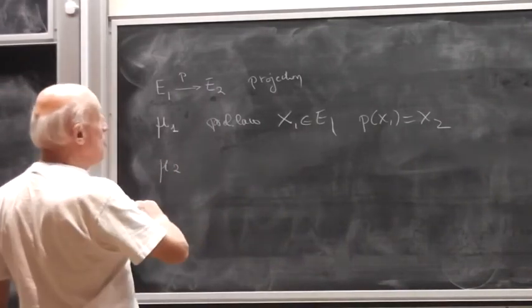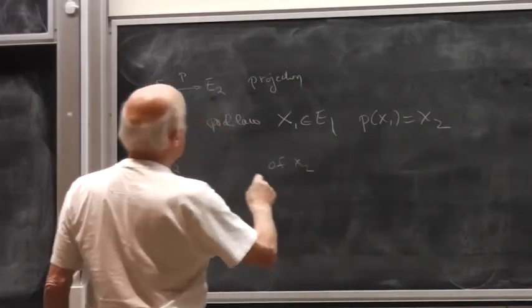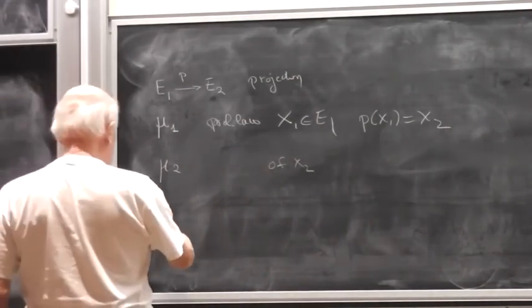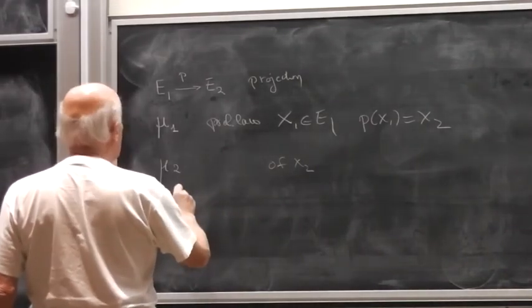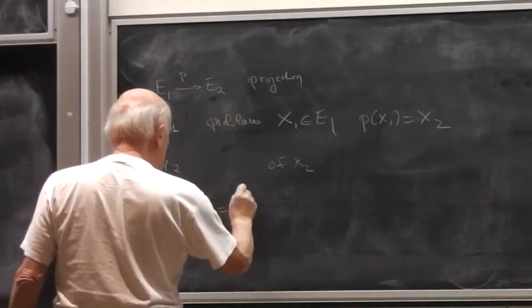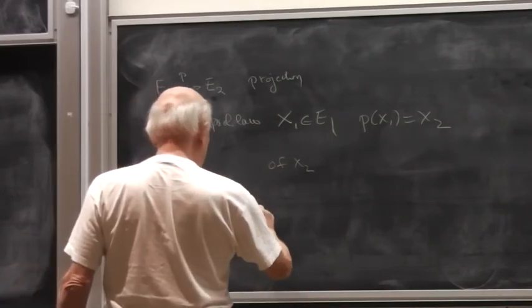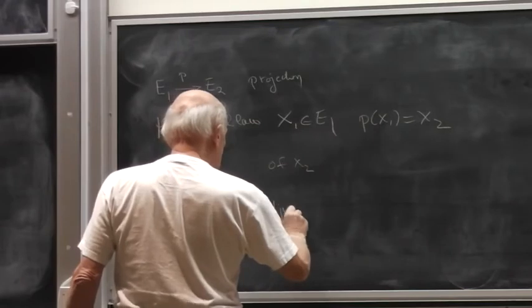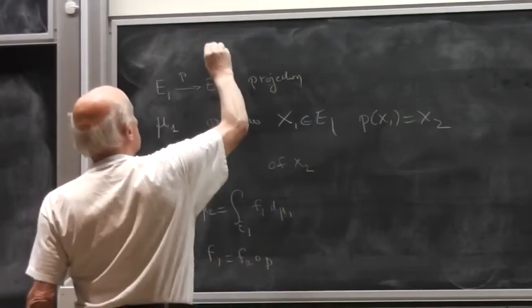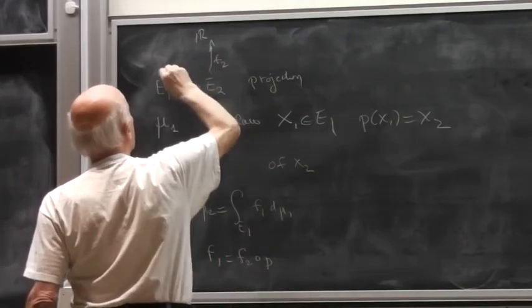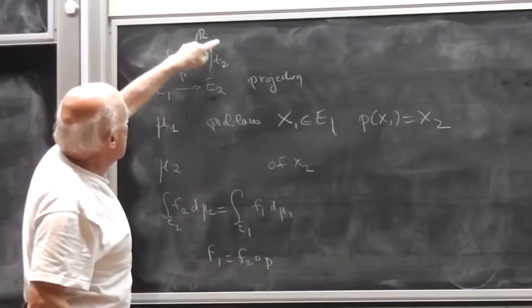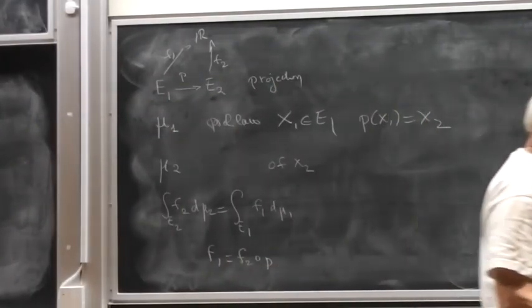The probability law mu2 of x2 is obtained by a certain analytic procedure, defined in such a way that integrating f2 over E2 with respect to mu2 is the same as integrating over E1 of f1 d mu1, where f1 is obtained by composition: f1 is obtained by composing f2 and P. So that's the definition of an image of a probability law.